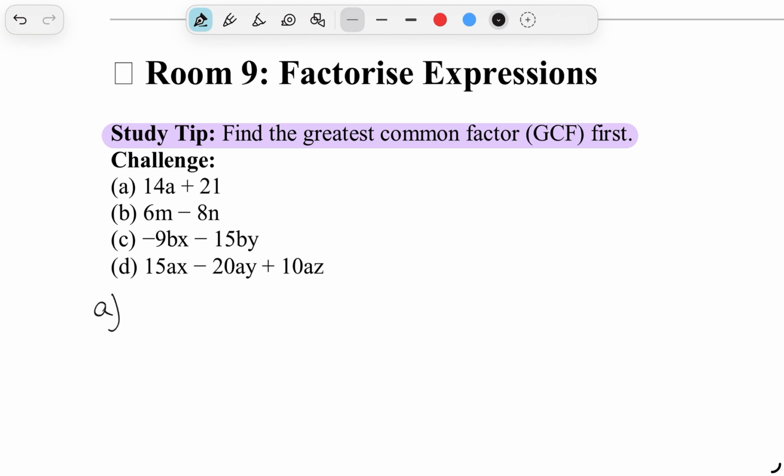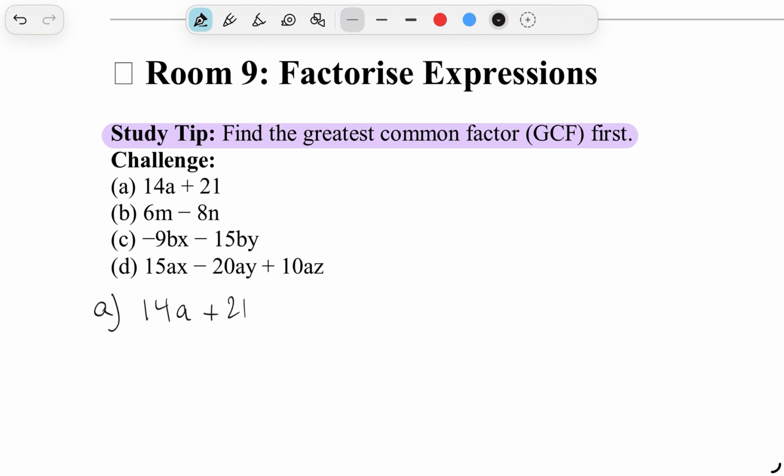To factorize something, you essentially need to find its greatest common factor, put it outside brackets and multiply. I'll explain in a moment, but first we need to find the greatest common factor of 14 and 21, which will be 7, because 7 times 2 gives 14, and 7 times 3 gives us 21.